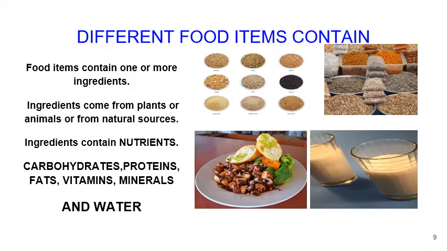Here also grains are given. If you go to a shop, you find lots of grains, and grains are of various types. Grains all come from plant materials. Grains may contain carbohydrates, they may contain fats, they may contain some proteins, especially lentils.